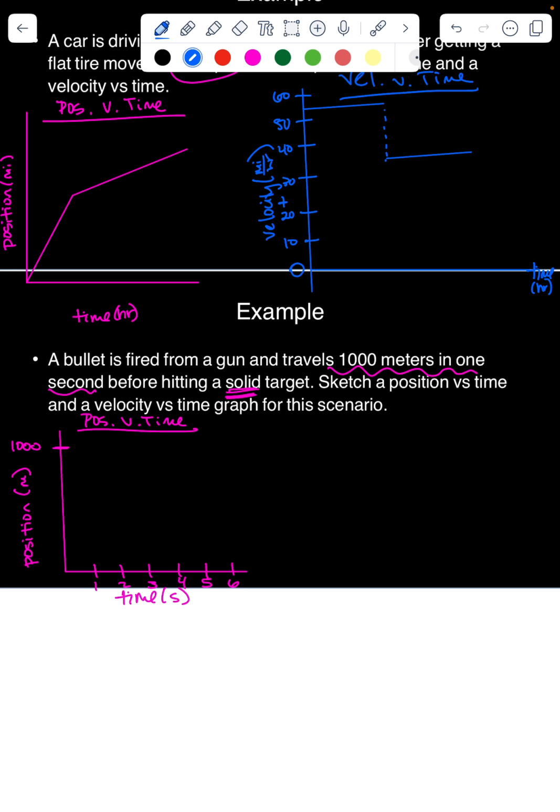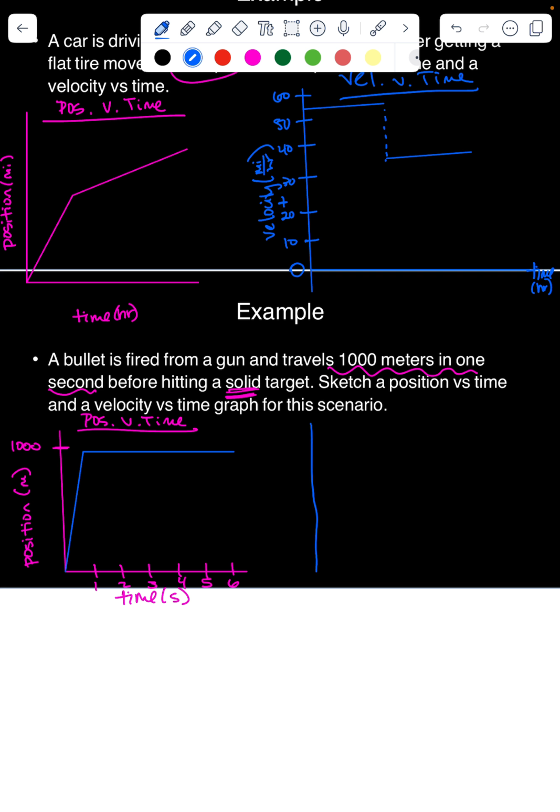My bad. All right, it would travel from the origin to 1,000 meters in that 1 second. Bam. Super steep line. And then as soon as it hits that target, we know it stops. So that tells us that we have a straight horizontal line after that. Okay, so we have two different segments.